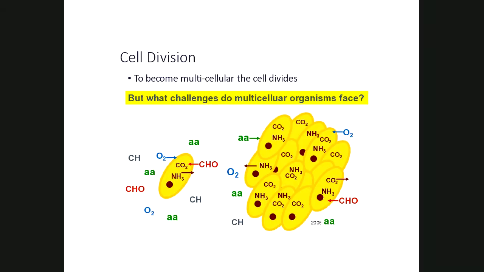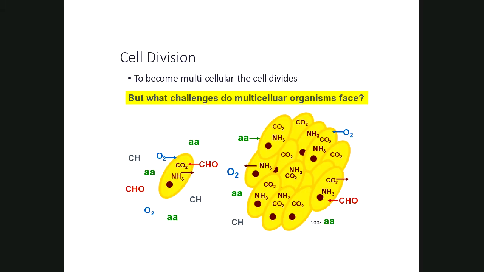So what challenges do multicellular organisms face? Well, there's quite a few that they face. They first have to have that ability to bathe their cells in different nutrients, and each cell has to have that ability to bring oxygen in and remove carbon dioxide and remove nitrogen, and that has to be a process that is done readily.